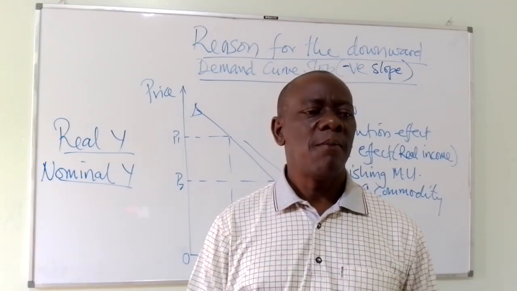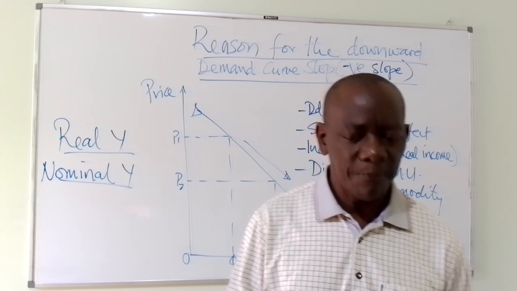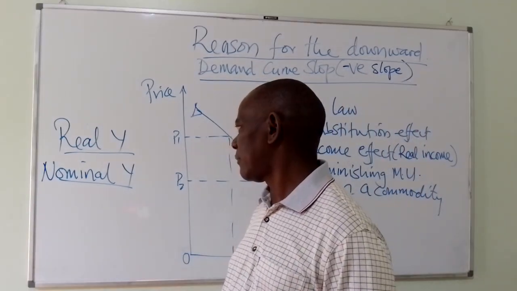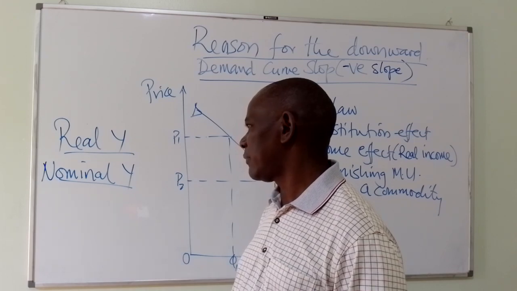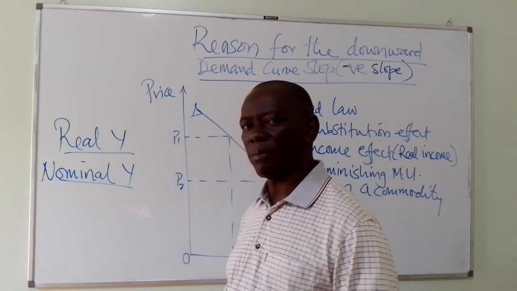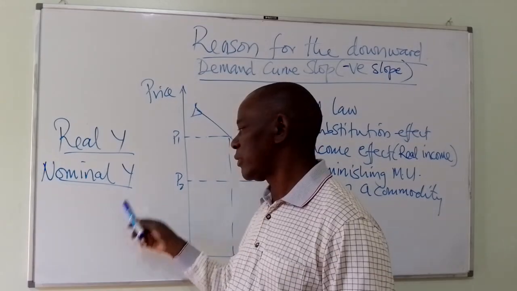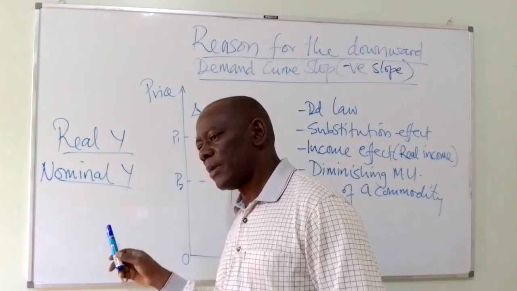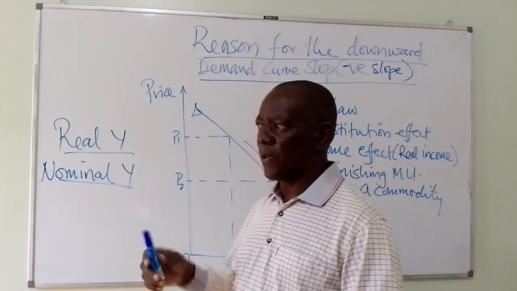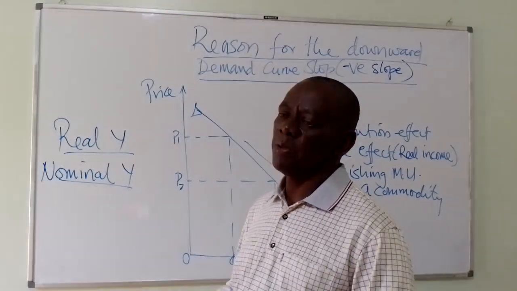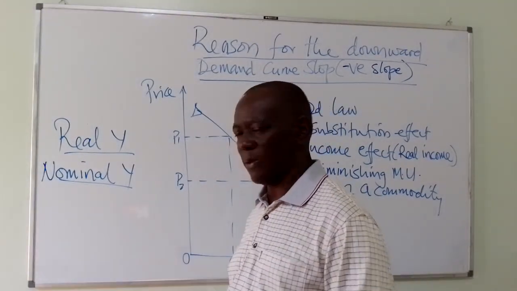So if I say my income is 1 million, that is the nominal income. That is the monetary value, the market value, the market figure. Nominal income is income looked at in terms of figures. So my nominal income may be 1 million.